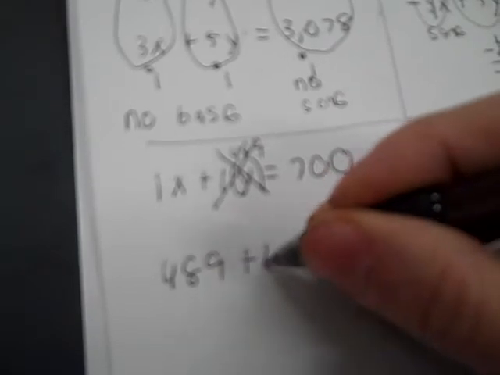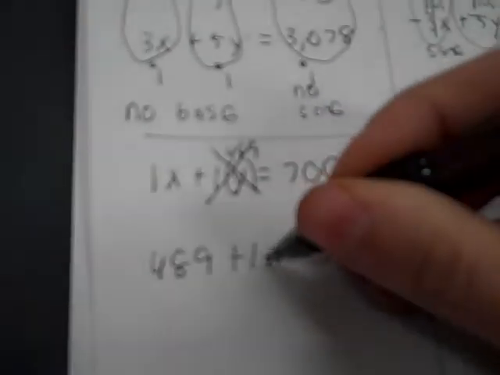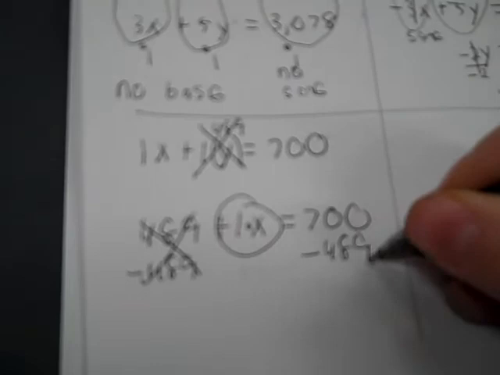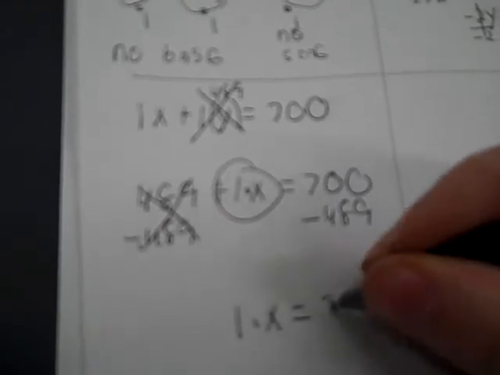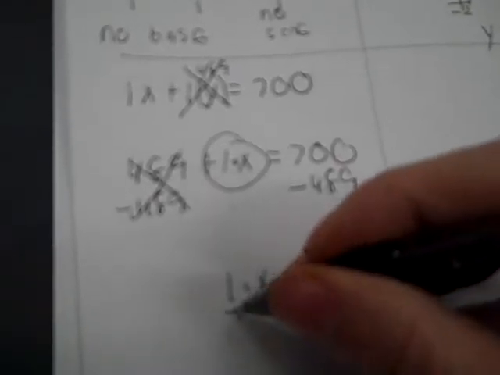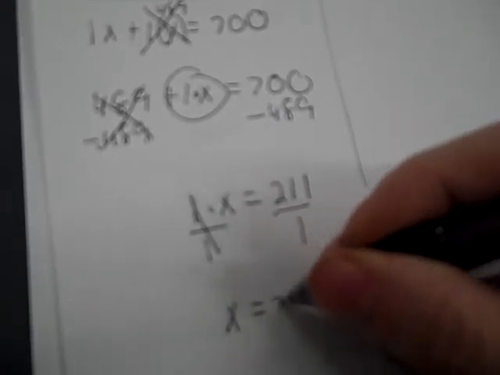Cross those 2 out. Add your 1x, and then equals 700. Now dot your 1, circle it, and then minus 489, minus 489. So 1 dot x, 700 minus 489 is 211. Then I can divide by 1, but it's still going to be 211.